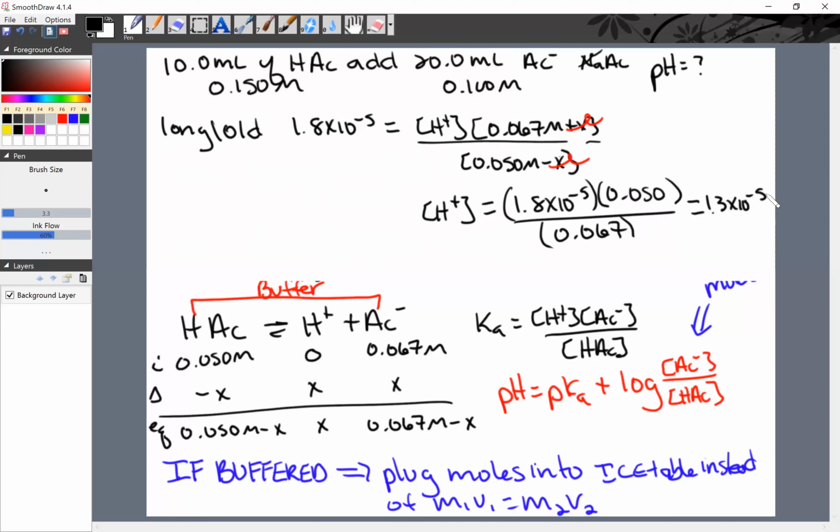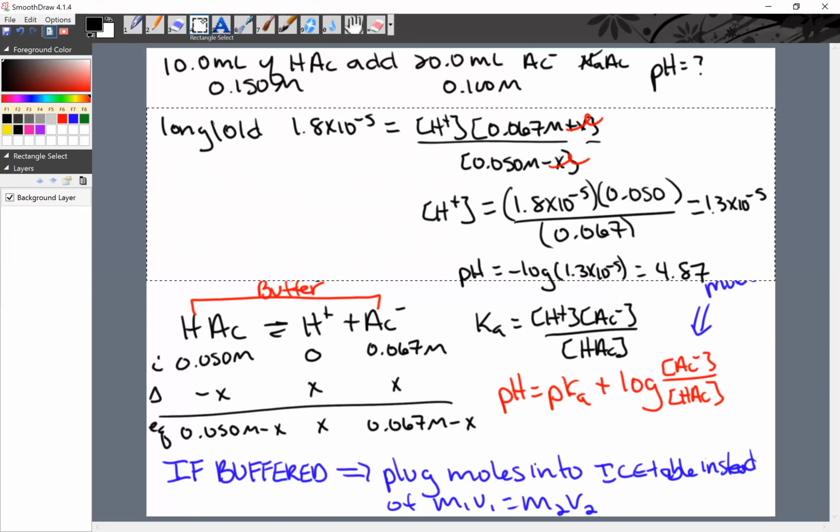I just found the proton concentration at equilibrium. If I take the negative log of it, that is 4.87.